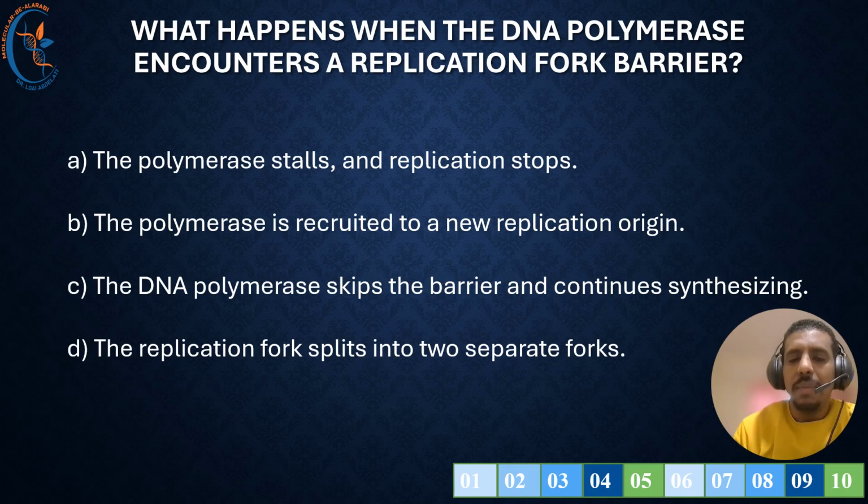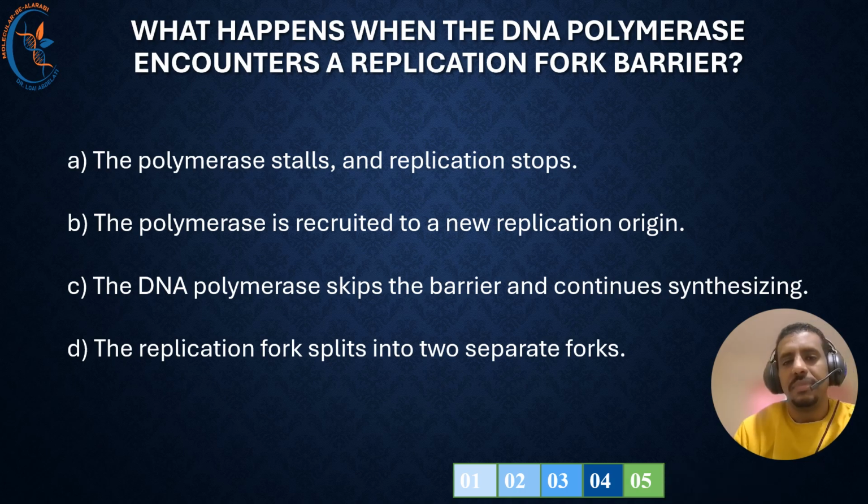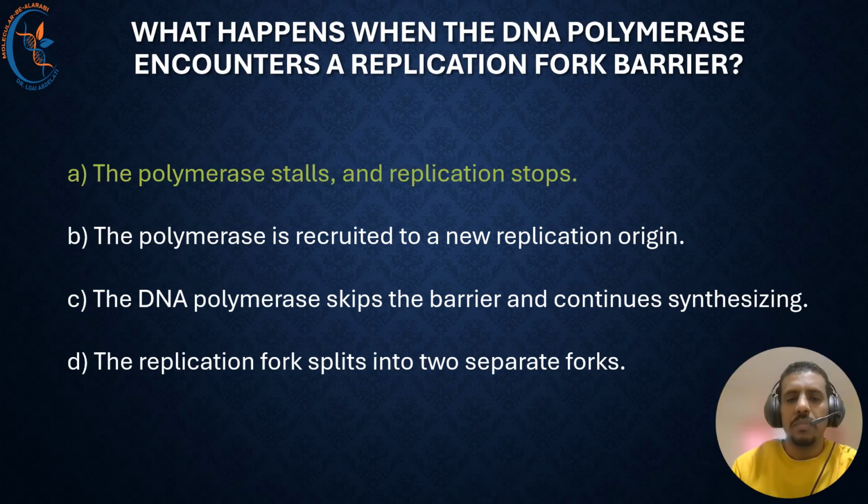Okay, what happens when the DNA polymerase encounters a replication fork barrier? Actually, when a DNA polymerase encounters a replication fork barrier, it typically stalls rather than continuing its synthesis, right?